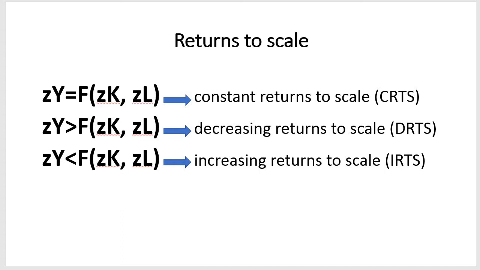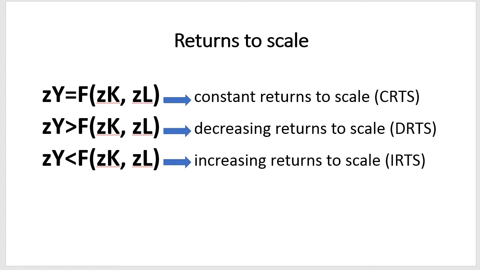Speaking less formally, under constant returns to scale, increasing inputs by the same proportion, let's say Z, results in the equivalent increase of output of the equivalent proportion. So increase capital and labor stock 2 times and you will get twofold increase in production level.